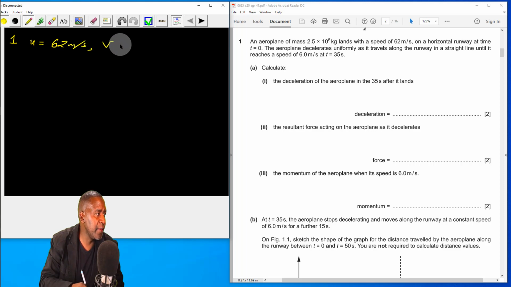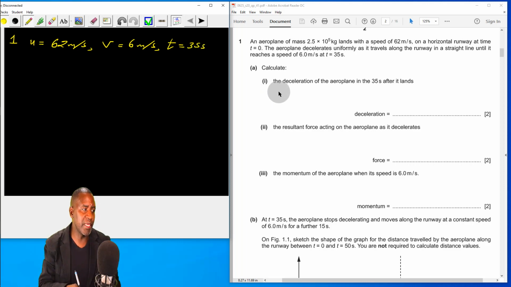We've got v, which is 6 meters per second, and that change occurs in a time of 35 seconds. And you can see part A is asking us to calculate the deceleration of the aeroplane in the 35 seconds after it lands.